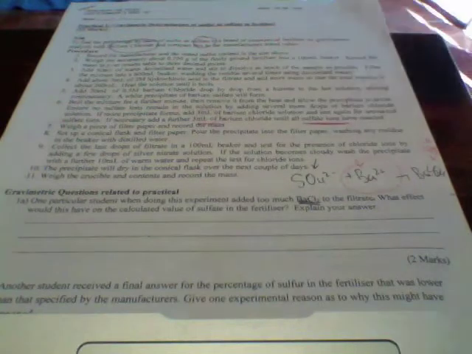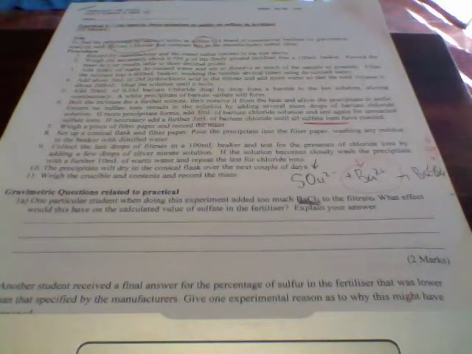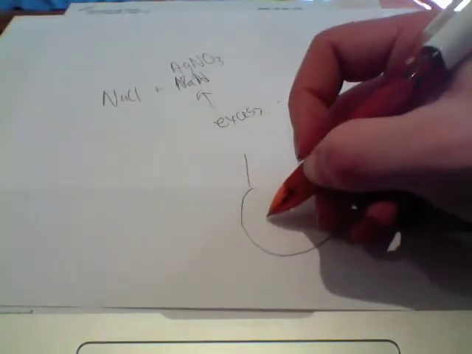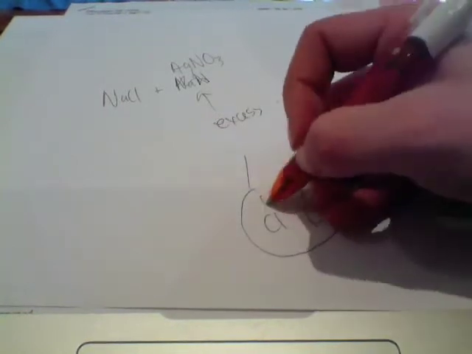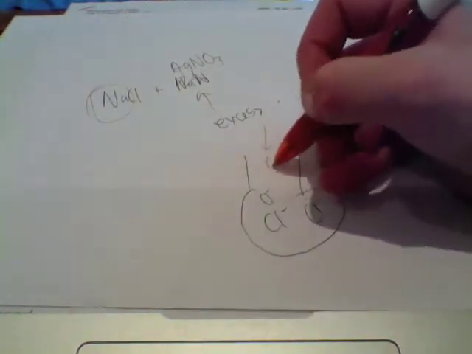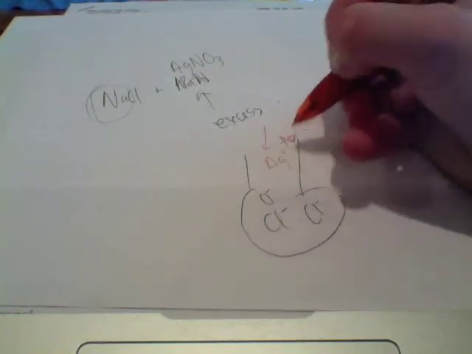In gravimetric analysis, we have NaCl, what we want, plus NaNO3, AgNO3 in excess. This is because in our conical flask, we have our Cl-, Cl-, Cl-, right? Remember, Na is just a spectator. We will have Ag+, Ag+, Ag+. Even if we add more, who cares?